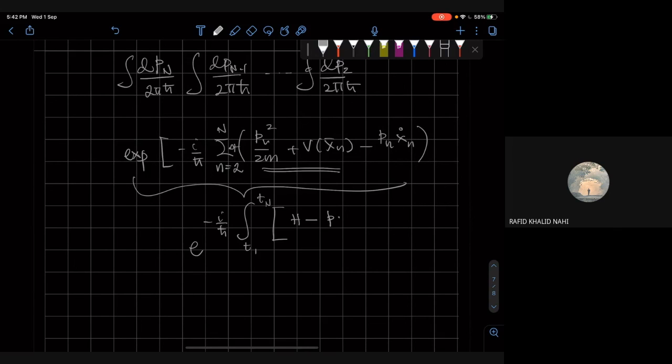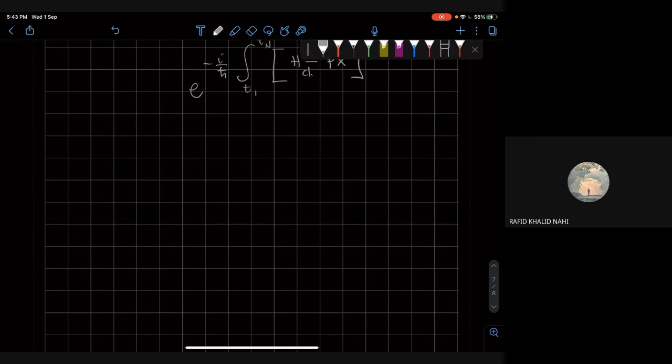Sir, is this the classical Hamiltonian? Yeah, it's a classical Hamiltonian, because there is no quantum operator inside the path integral. Because by acting on each of the kets with the operator, we converted all of them into numbers.